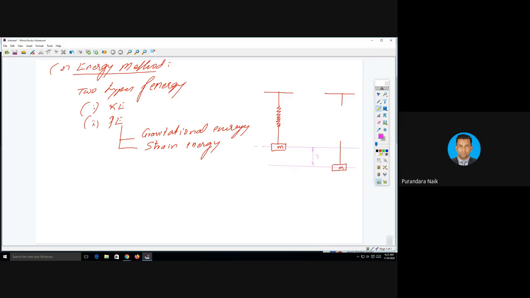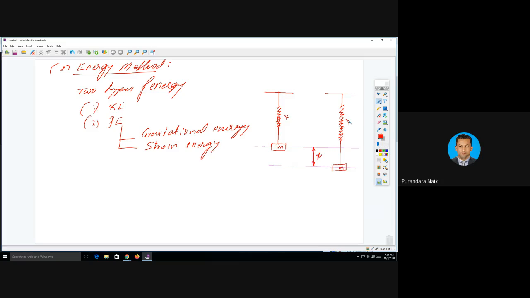Let us take it as x. This distance is x and the spring is expanded. Is it okay? Now this is k.